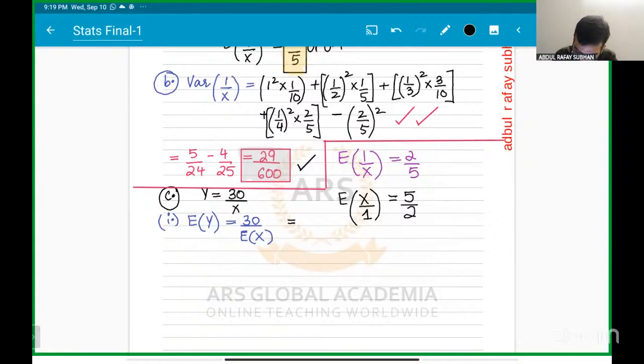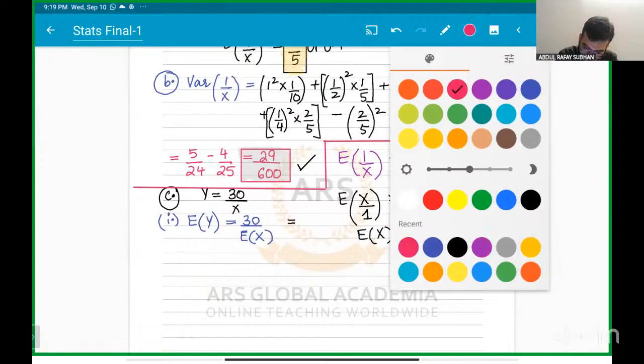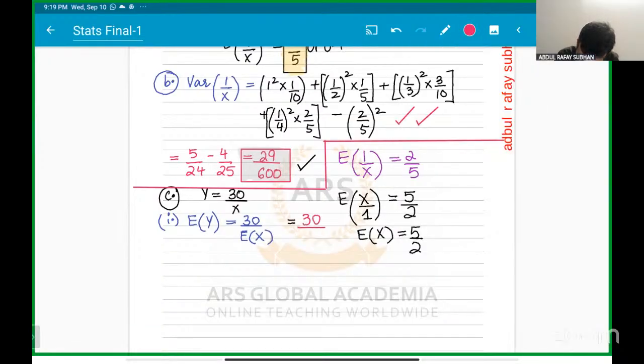X over 1 means कि x ही है. So that will be 5 over 2. And that is what you have to do. Okay, sir, it will be 30 divided by 5 over 2 or 30 divided by 2.5. So the mean of y will be 30 divided by 2.5. I think 12 should be the answer.